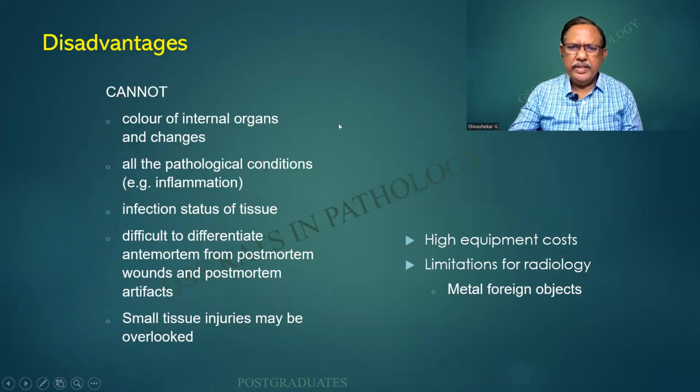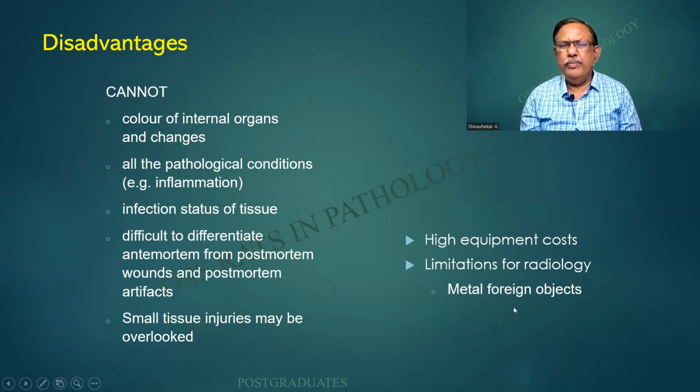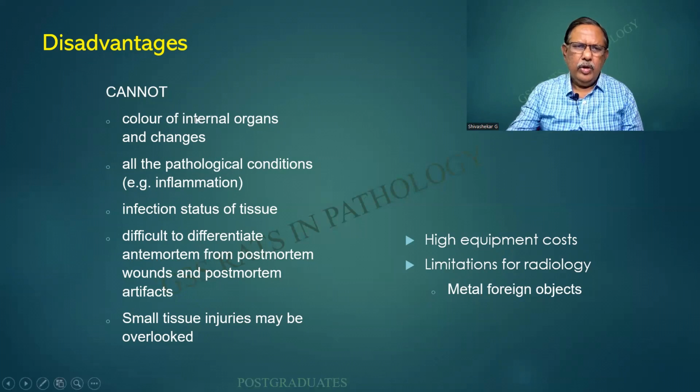The disadvantages are the equipment is of high cost and there is a limitation for radiology also. It is limited to metal, foreign objects. Certain other things it might not be able to identify. Also, it cannot find out the color of the internal organs. There is a specific color that is fixed to the radiology.